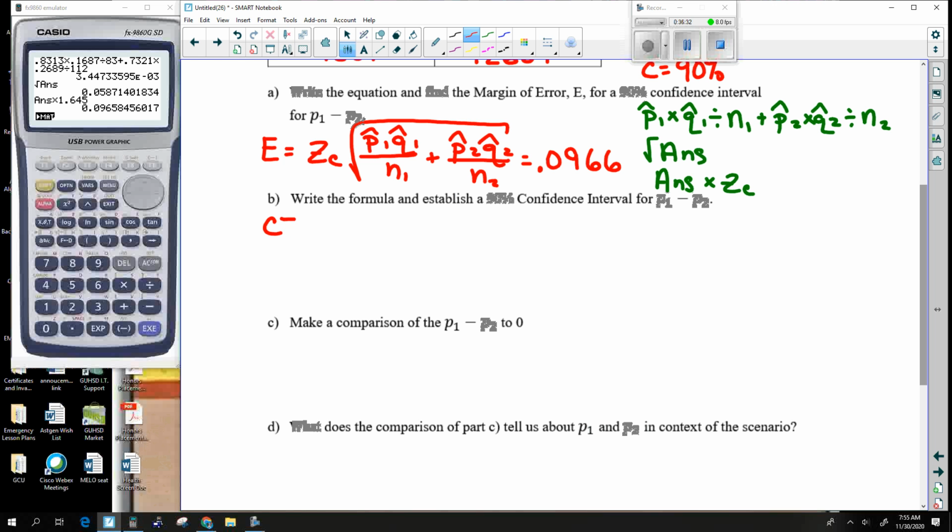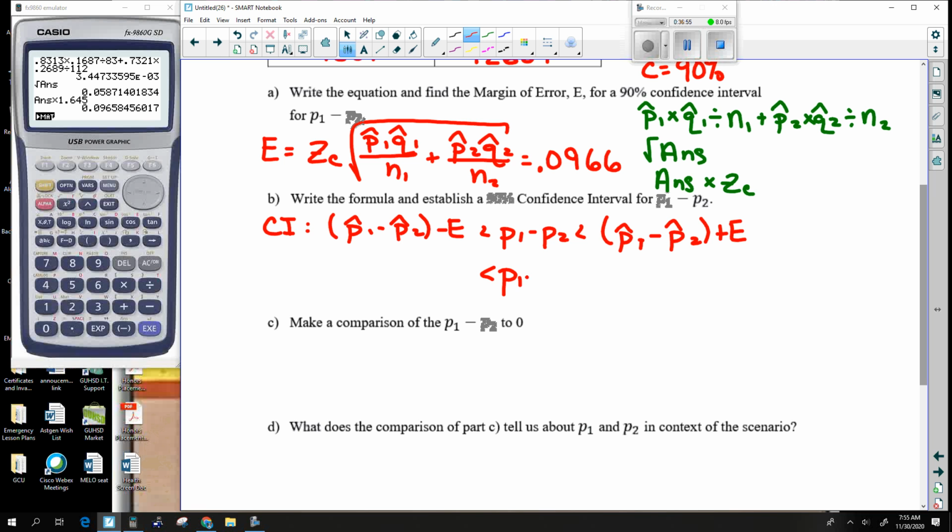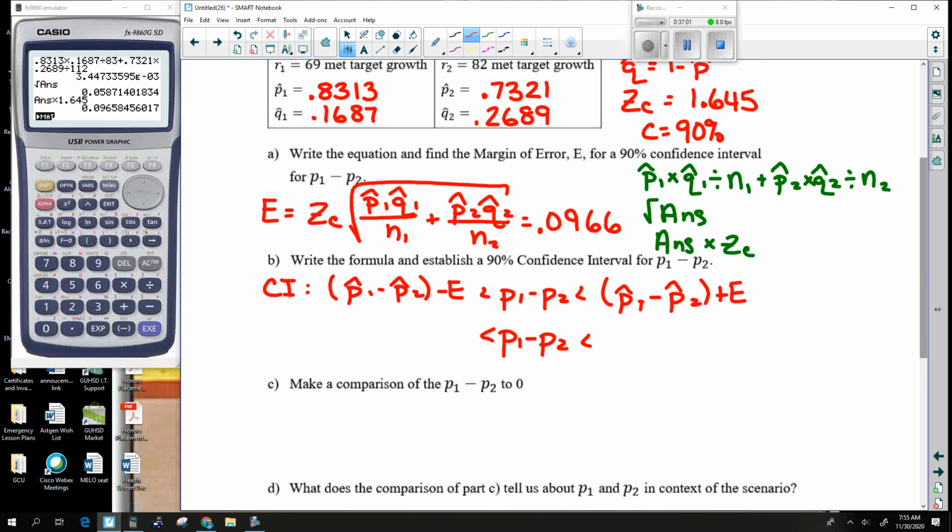Our confidence interval in this situation is p hat 1 minus p hat 2 minus E is less than p1 minus p2 is less than p hat 1 minus p hat 2 plus E. Okay, so let's see what my p hats are.